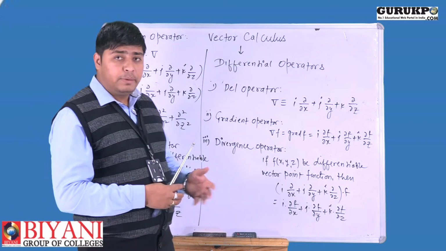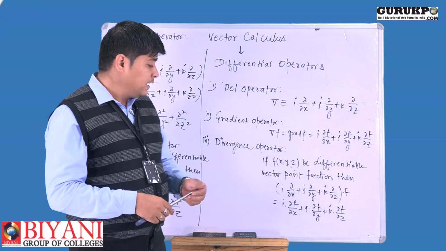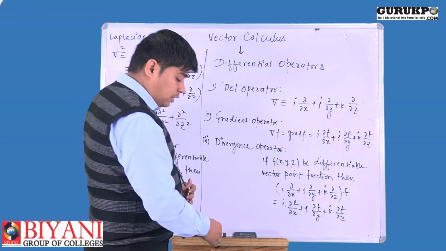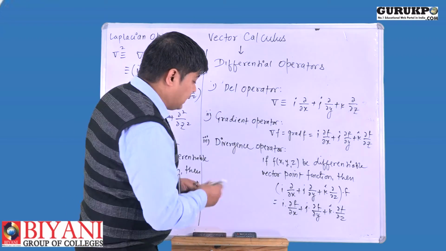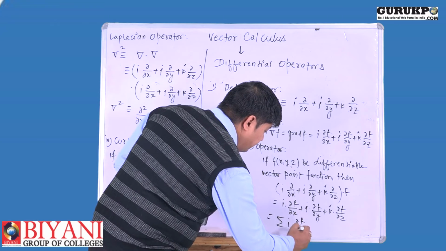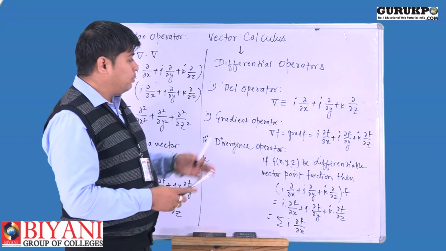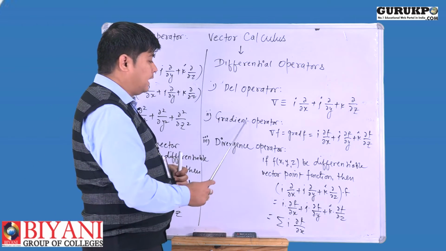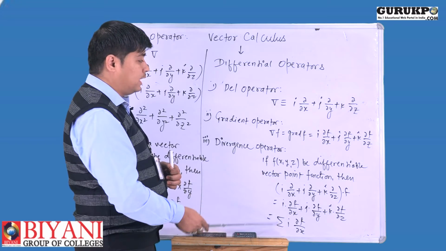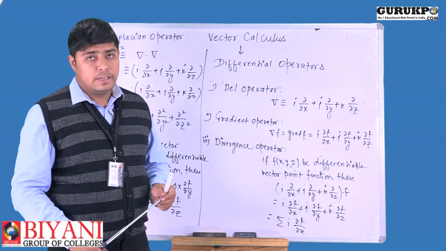In short, it can also be represented by the summation of i del f by del x. So del operator is denoted this way, gradient operator this way, and divergence operator this way. It is the mathematical form of the del, divergence, and gradient operators.